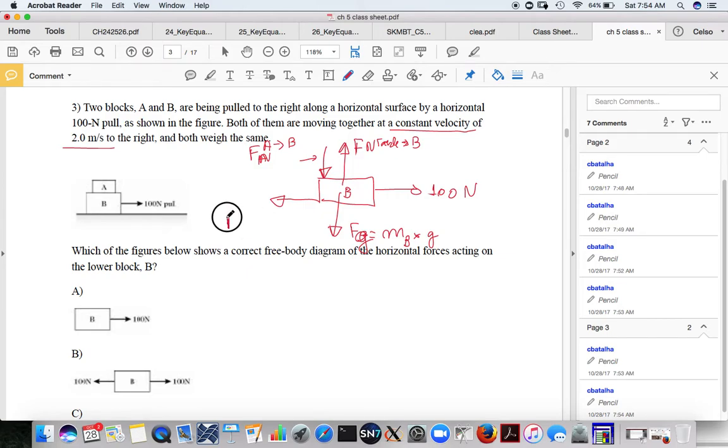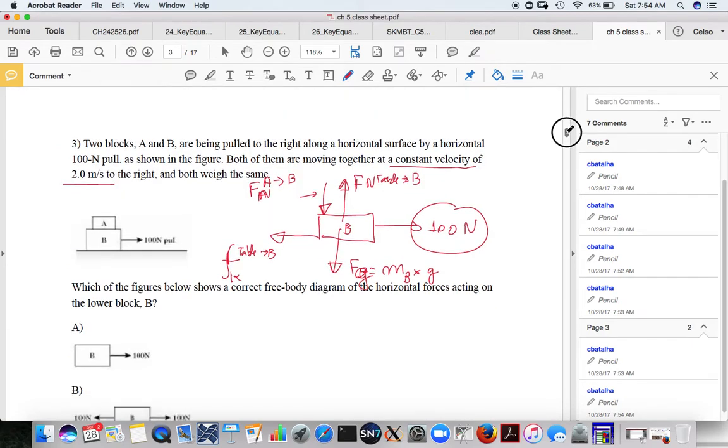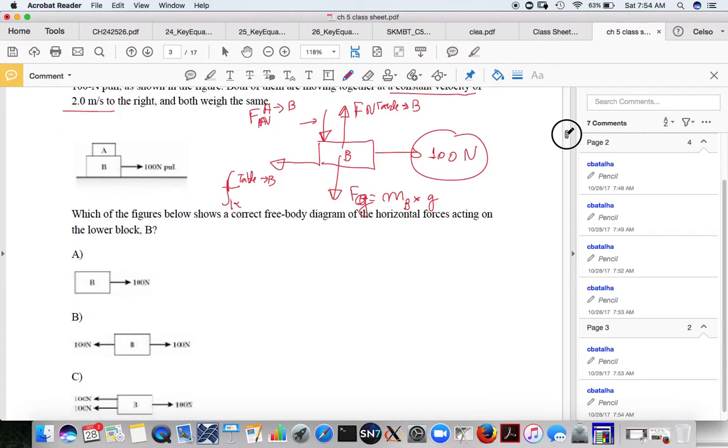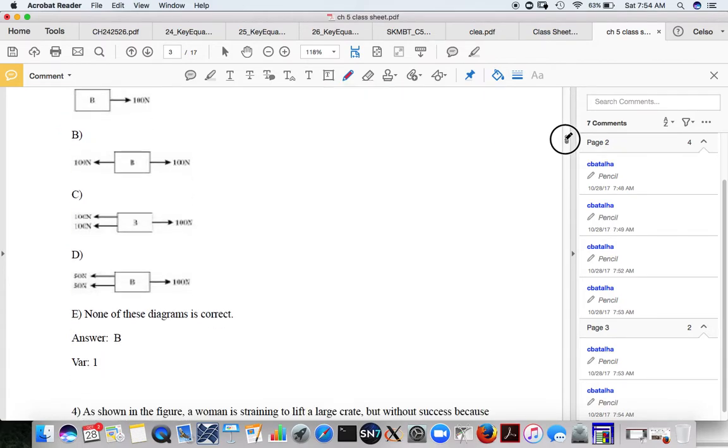From the table, this is the friction force. And if it's moving, it has to be kinetic friction, table on B, to the left, which must have the same value so that they move with constant velocity. Okay. So there you go. B seems to be a good answer.